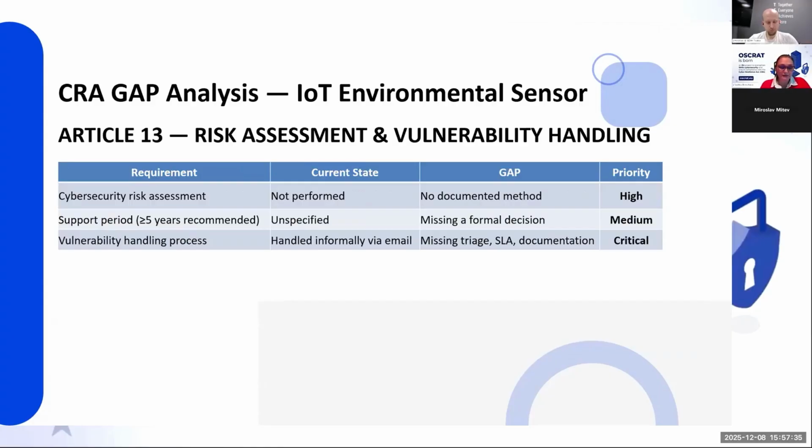Missing triage, SLA, for example, and documentation means the organization has no structured process to classify vulnerabilities, no deadlines for fixing, and no records to prove what actions were taken, all of which are mandatory under the CRA.